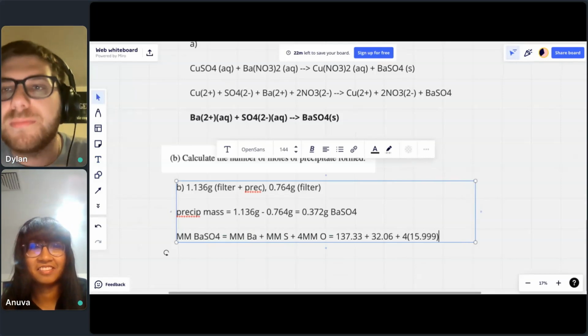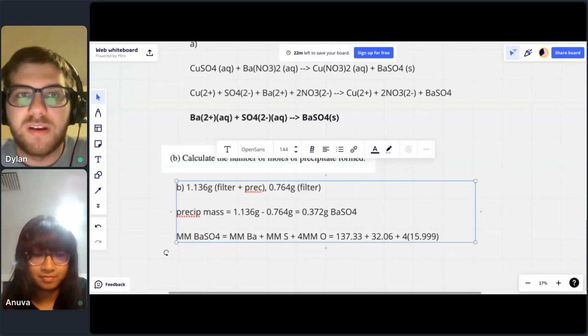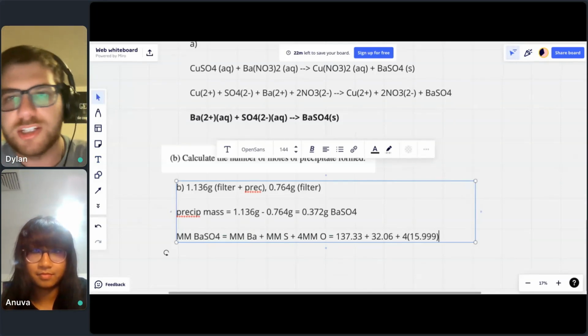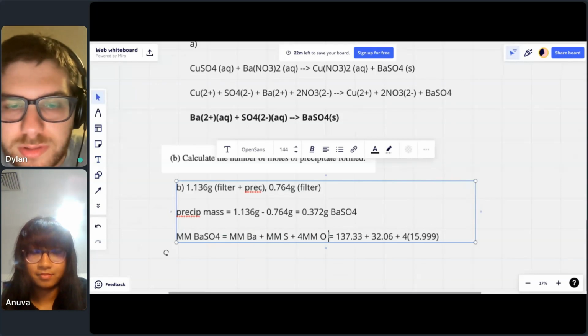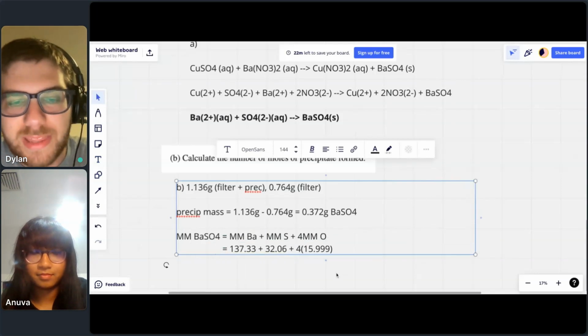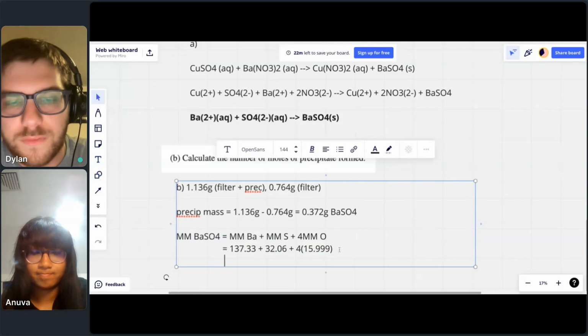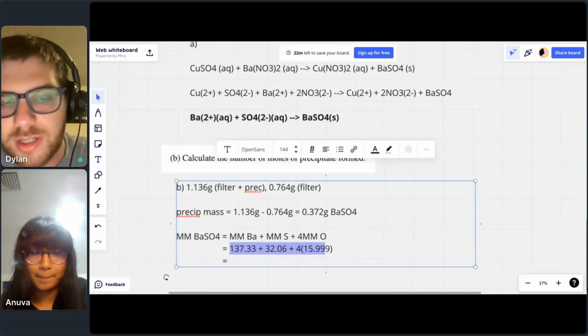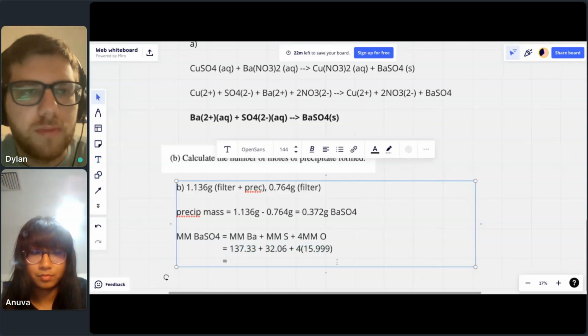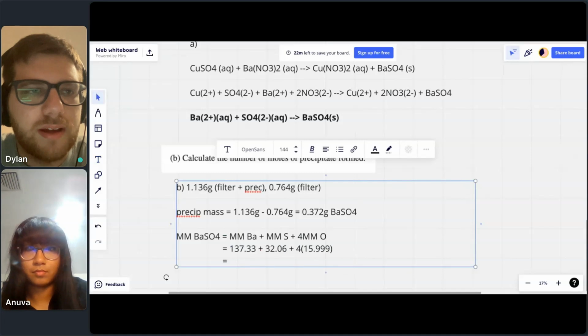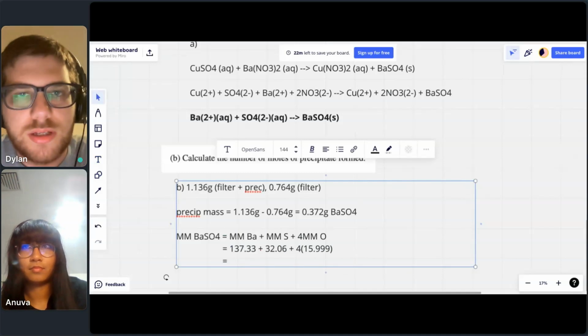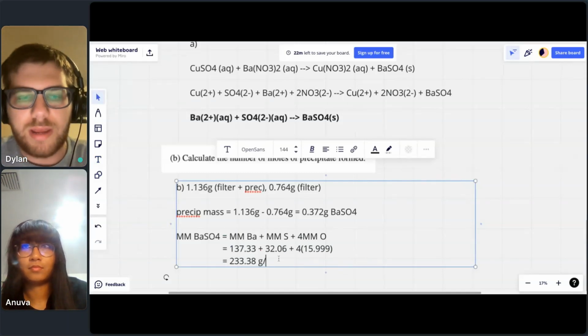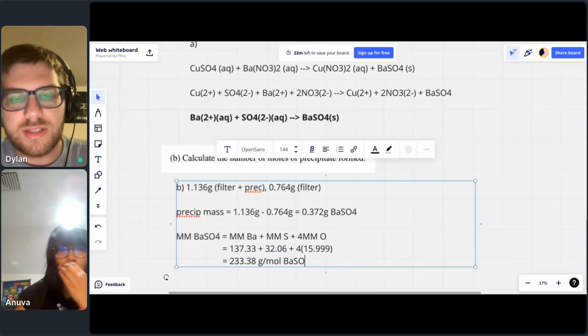I'm using a periodic table. Use whatever numbers are on the periodic table on your exam, because those are the specific ones they want you using, which shouldn't be far off from these. I've seen 16.001 or 15.999 for oxygen. So that gets us an answer of 233.38 grams per mole of barium sulfate.